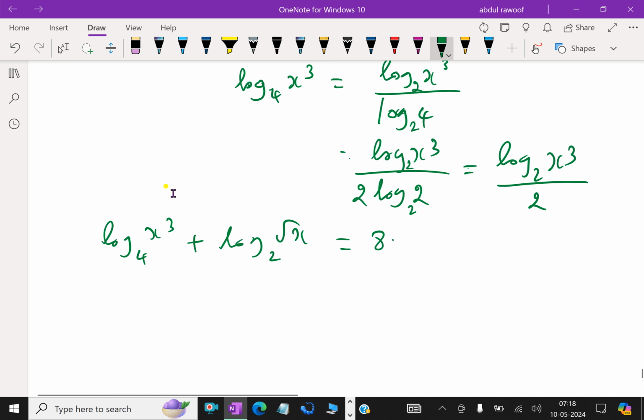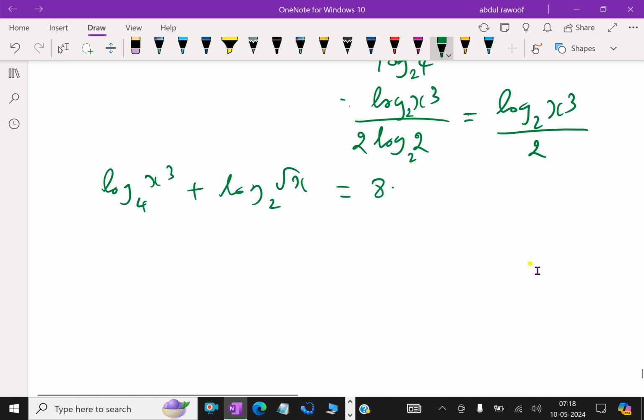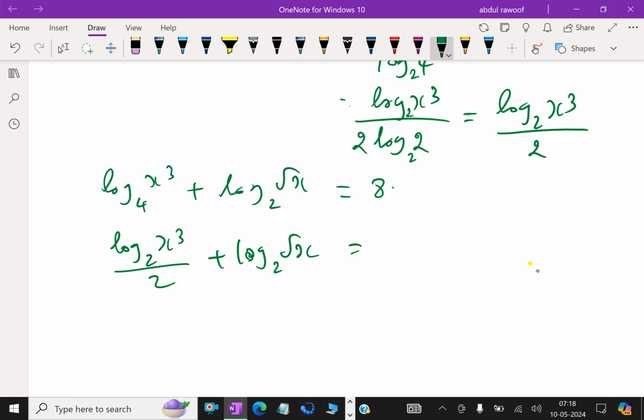So instead of log x cube base 4 is here, that is log base 2 of x cube over 2, plus log base 2 root x equals 8. So that means we introduced log x cube base 4 as log base 2 of x cube over 2.